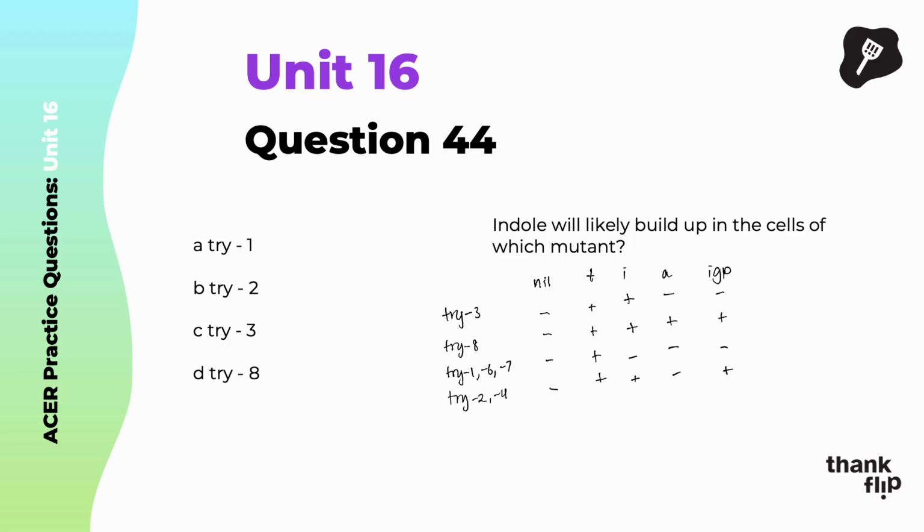We're given a table as well as a figure and some text as well. The first paragraph is telling us that there are certain mutants of the bacteria Salmonella. These mutants have been grown on different growth plates that are supplemented with different intermediate metabolites.